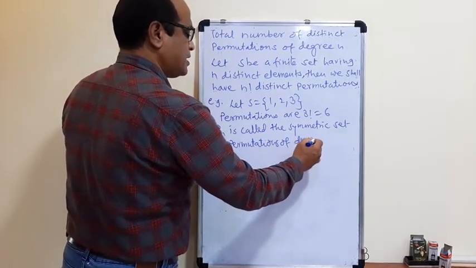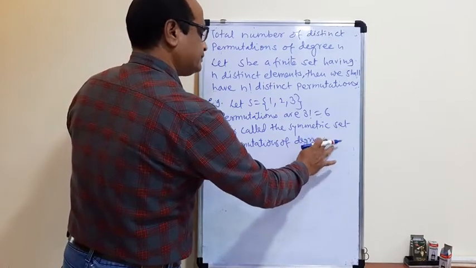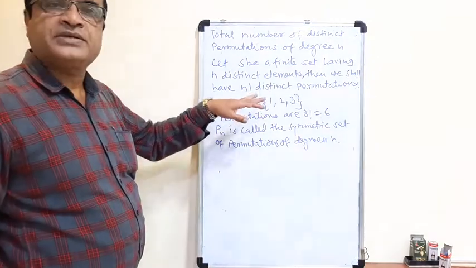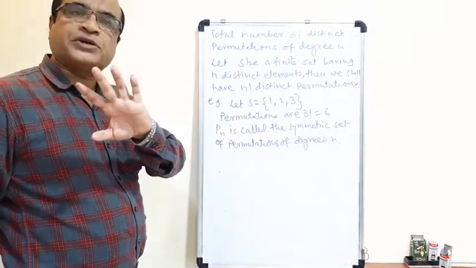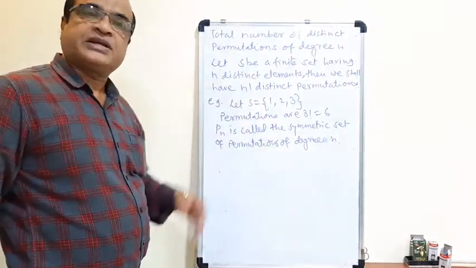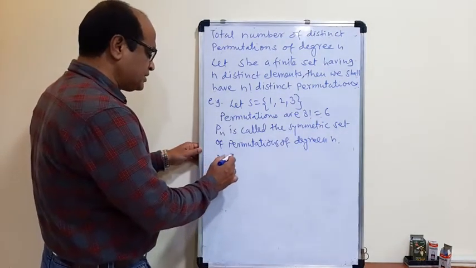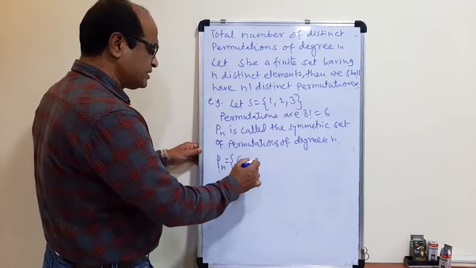So S is a set {1, 2, 3}, 3 elements. Therefore there are 6 possible permutations. So P_n is the set of all permutations.